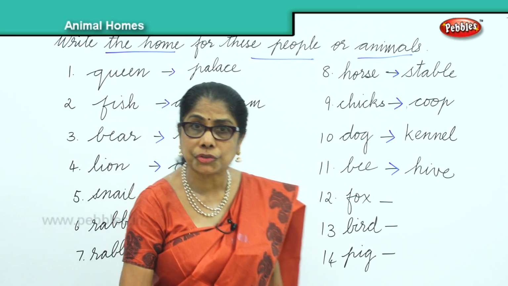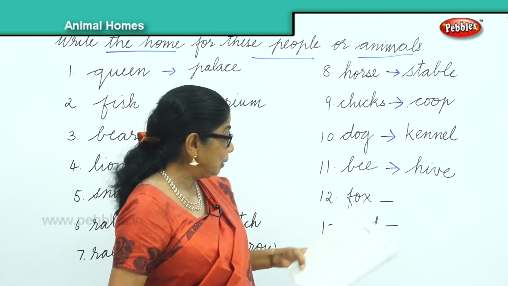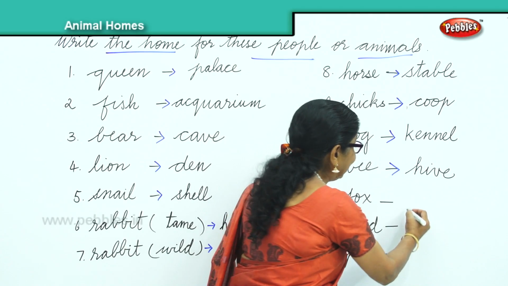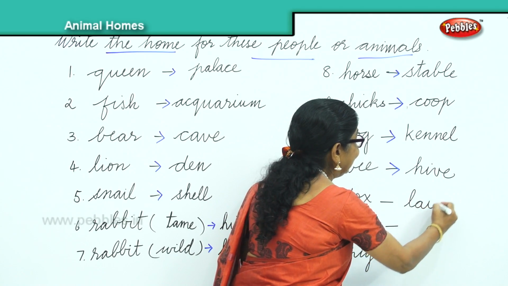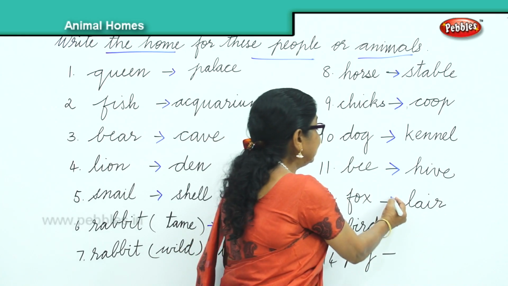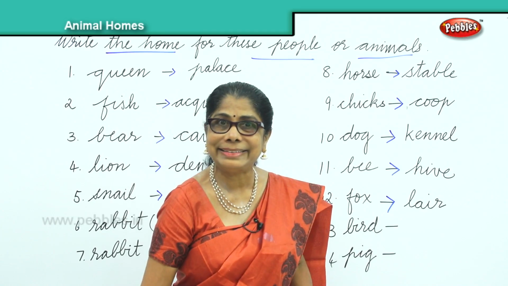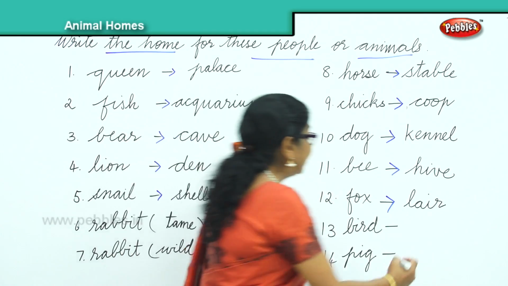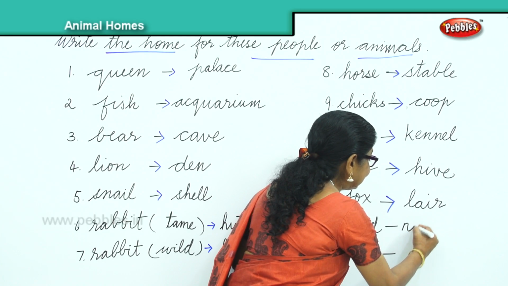Then we have fox. The fox, where do they live? They live in a lair. That's called lair. The fox's home is called a lair. Then we have the birds. Where do the birds live? They live in a nest.